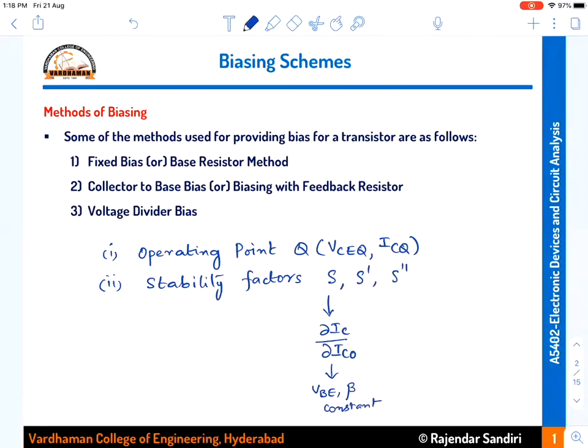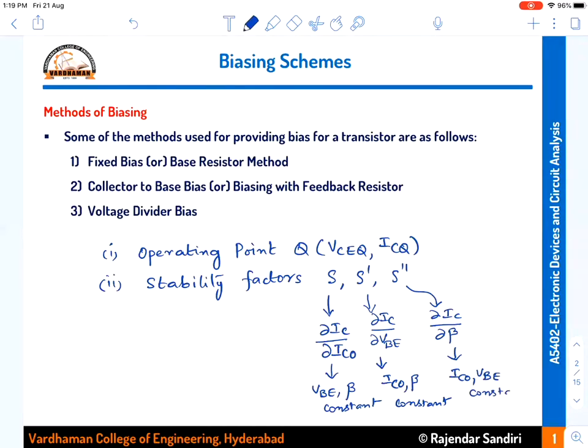S dash is dou IC by dou VBE, where the remaining two temperature dependent parameters, ICO and beta, are kept constant. And S double dash is dou IC by dou beta, keeping ICO and VBE constant.